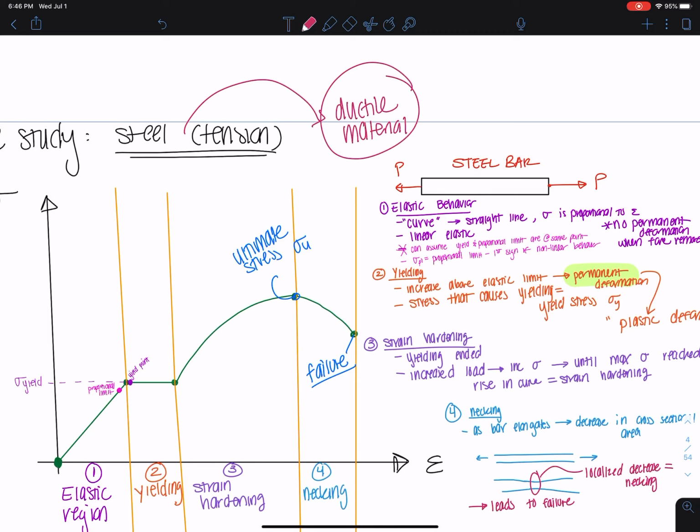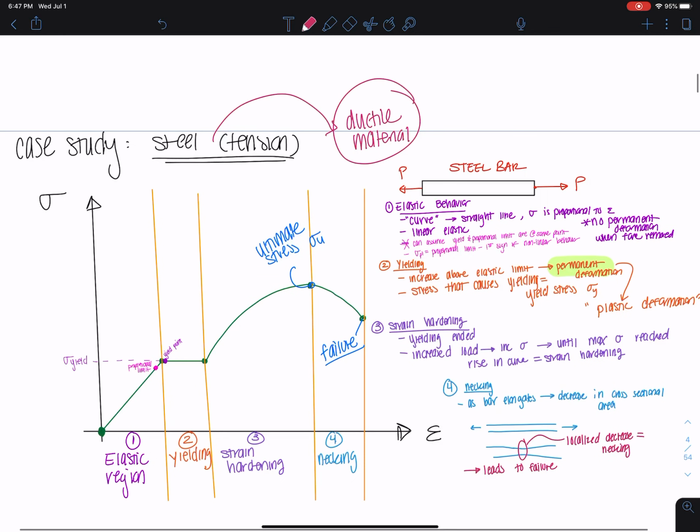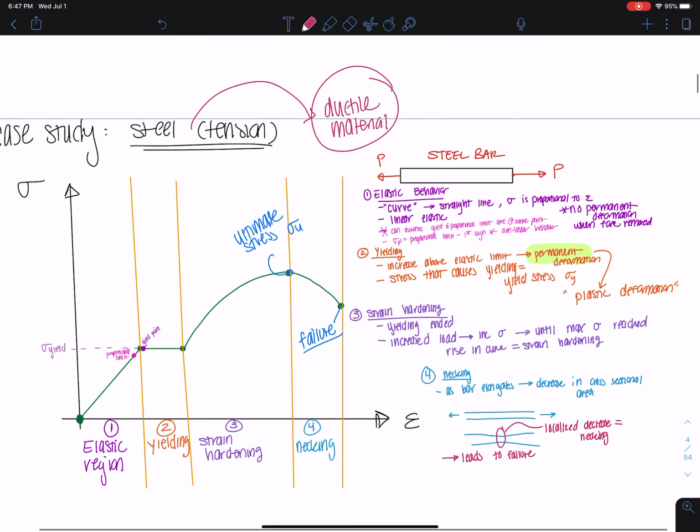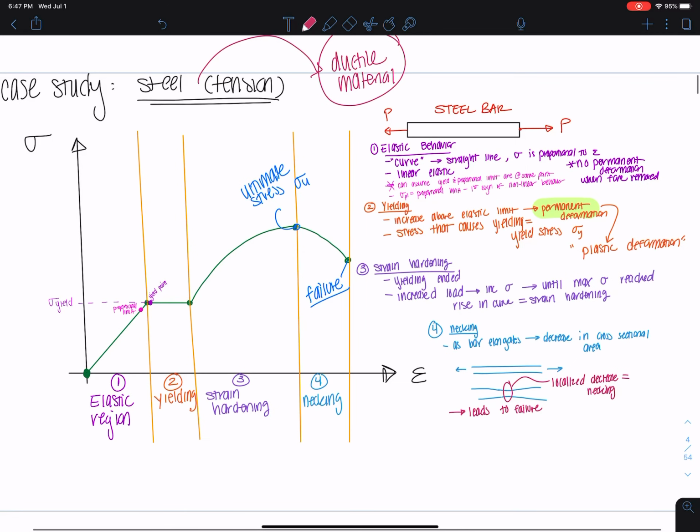Whereas a more brittle material would be something more typically like concrete, where you'll see cracks, but it could have a straight failure, so a much smaller point of yielding or strain hardening you would see in a concrete stress strain diagram. So this is for a ductile material. And a lot of times we prefer to design buildings or systems with ductile materials, not all the time. Okay, we do use concrete a lot, but ductile materials have their own special place kind of in the code.